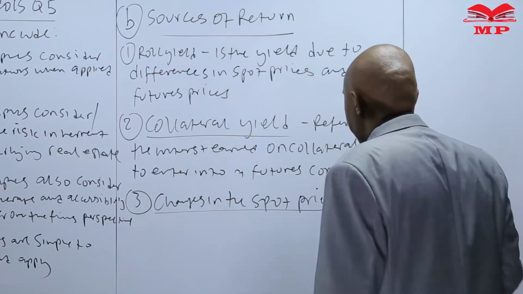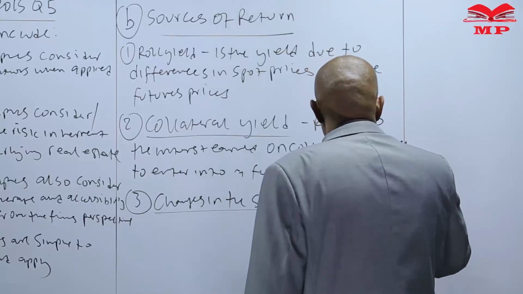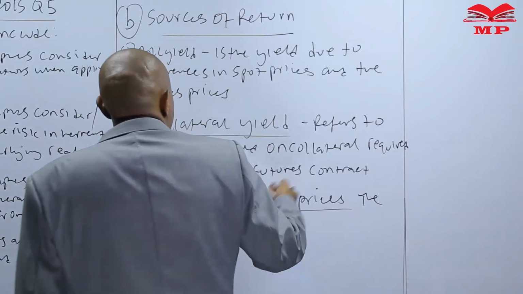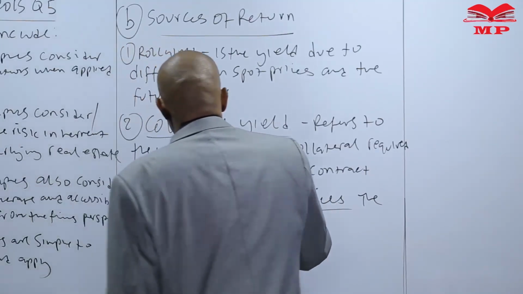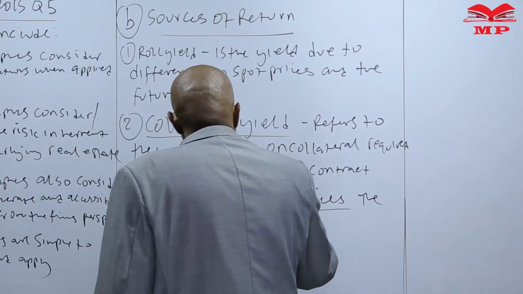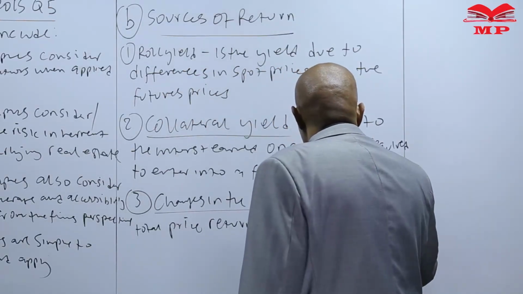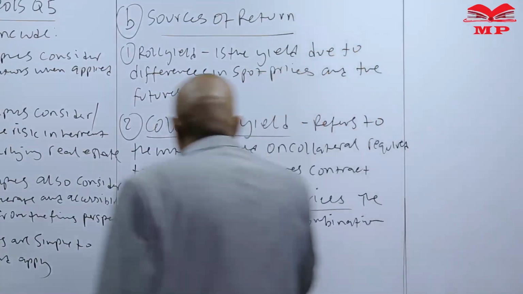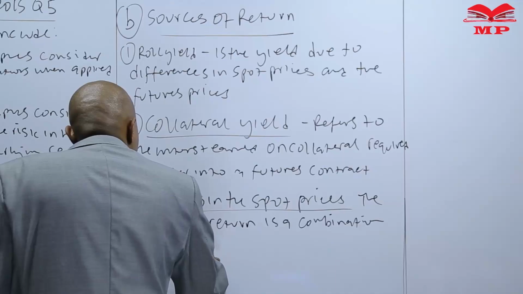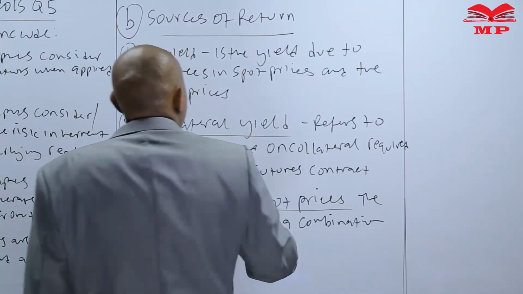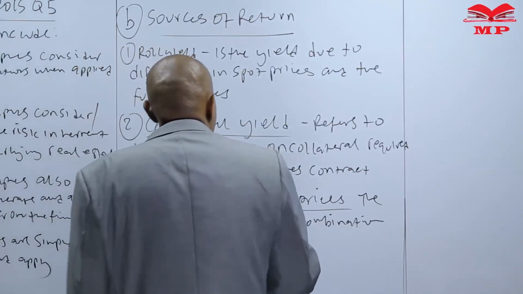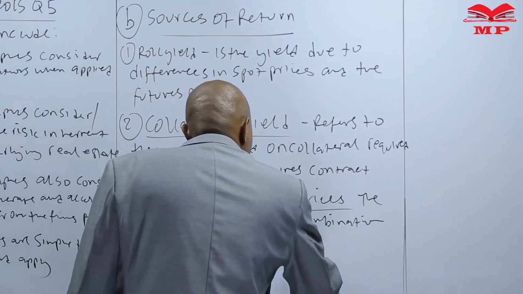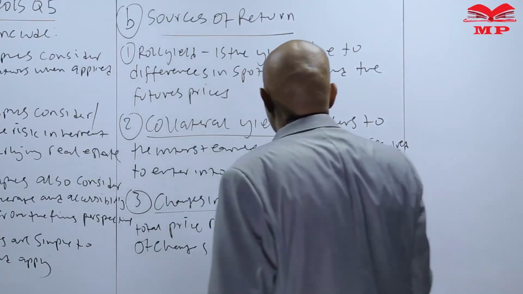We can say that the total price return is a combination of changes in spot prices and convergence.